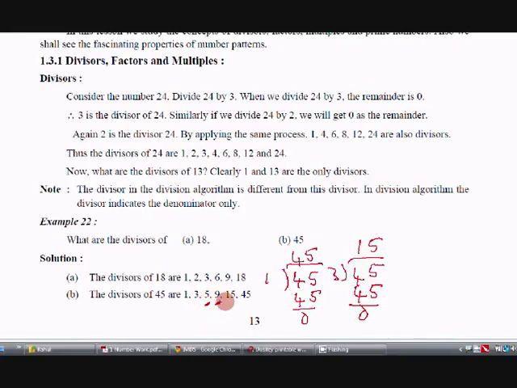Likewise, you keep on doing 5, 9, 15, 45. 16 doesn't divide 45 perfectly, right? So we got 3 times 15, 1 times 45, 5 times 9, 9 times 5, 15 times 3. So how many did we get? 6 divisors, which leave a remainder 0. Very important. Now what is the remainder here? 0. They are called divisors.